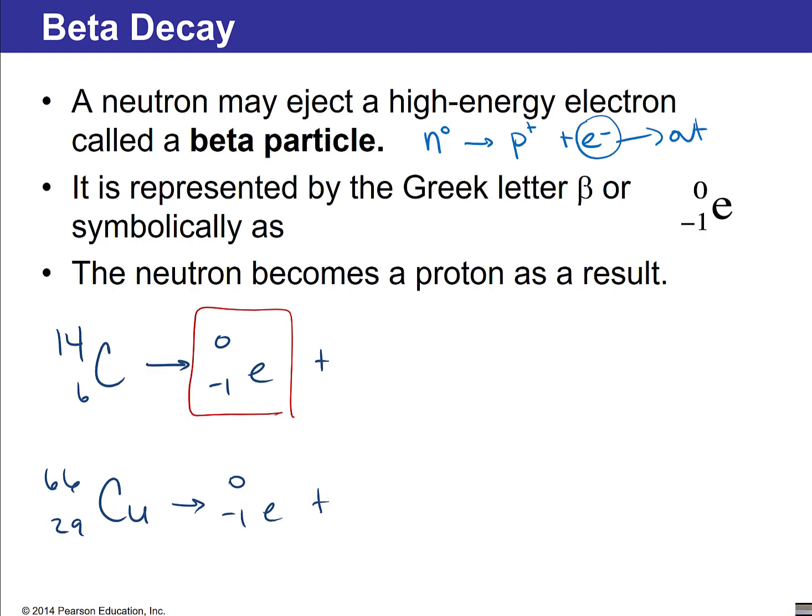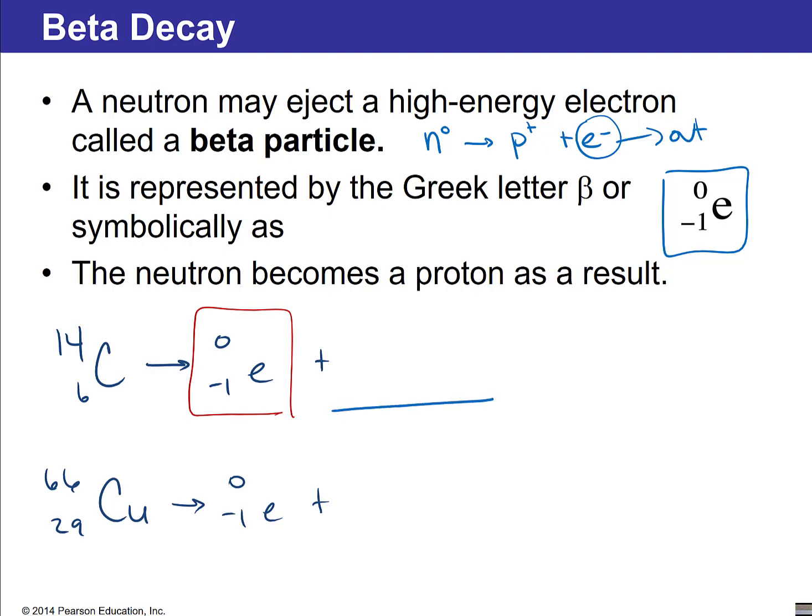The electron can't stay in the nucleus, so the electron gets kicked out of the nucleus, and what you see coming out is this electron. The symbol uses a 0 in the top left corner because it has no mass, right? Electrons have no mass. You use a -1 because you make a neutron into a proton. So that means the atomic number is going to change.